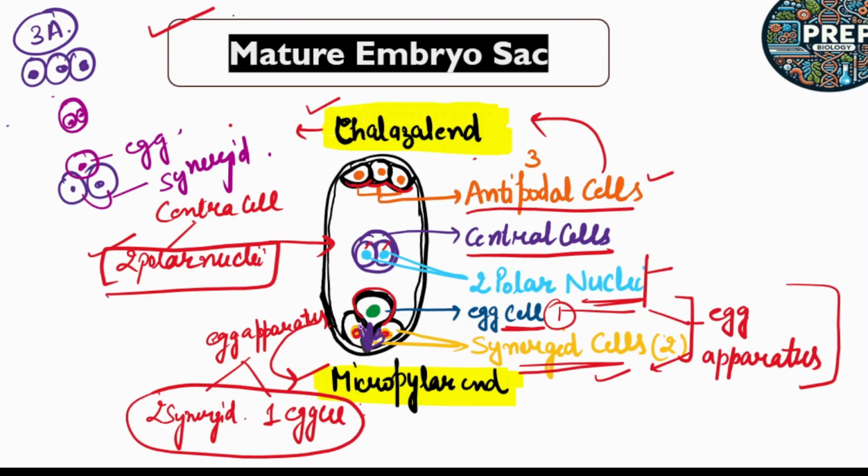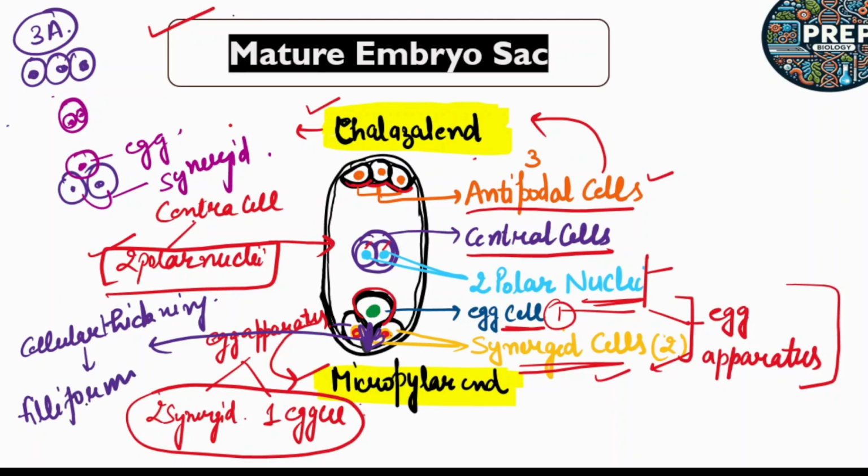Inside the 2 synergid cells, this is 1 and this is 2, we have a very important cellular thickening, that is called the filiform apparatus. The filiform apparatus is a special kind of cellular thickening present in the synergid cells.